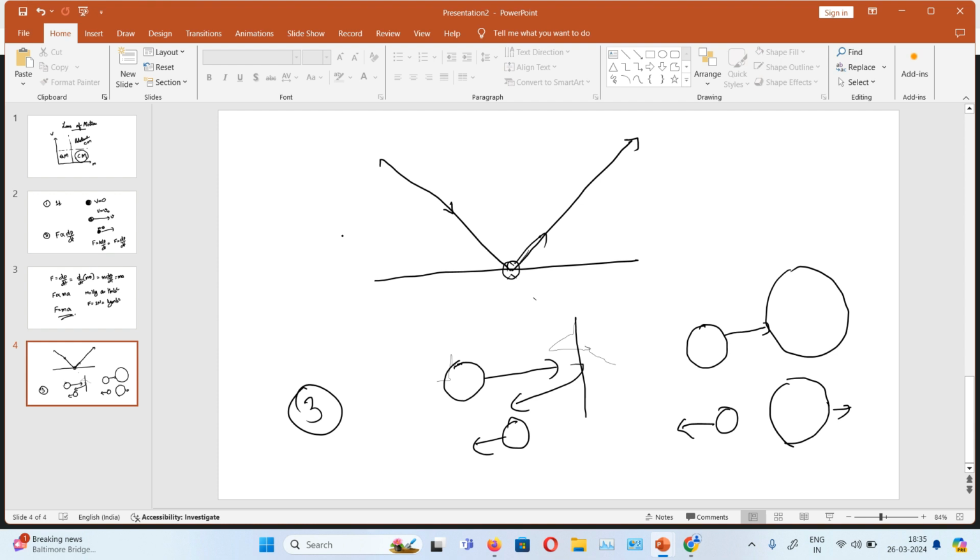So Newton's third law says that the force exerted by one particle on another will be the same as that of the other also. But the forces are exerted on different particles, so that's why they do not cancel.